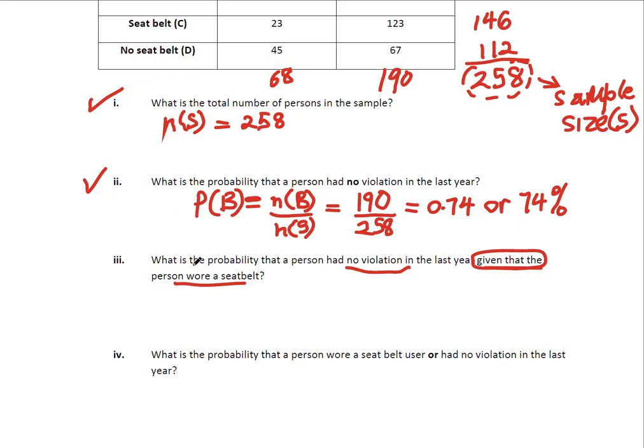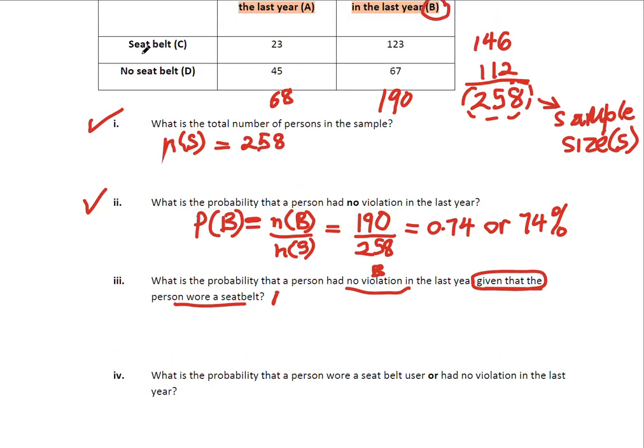In other words, we're asked to find the probability that a person had no violations, which is B, given that, in other words, on the condition that they wore their seatbelts. And wearing your seatbelt is represented using the symbol C.